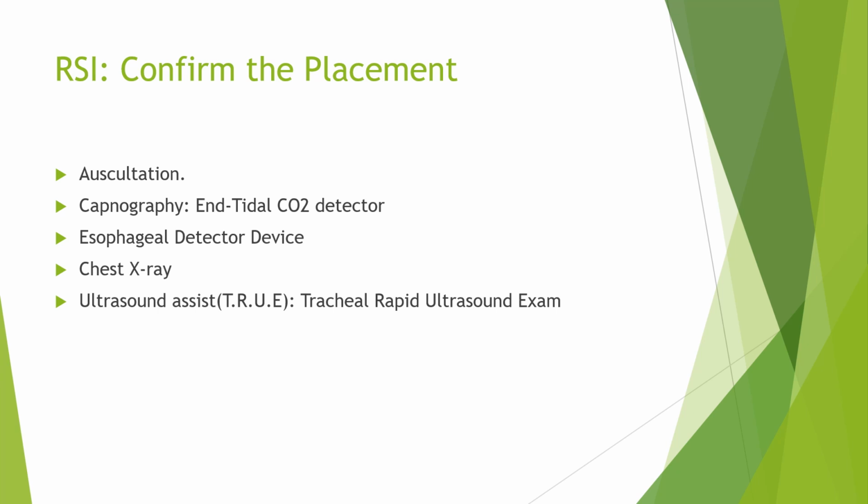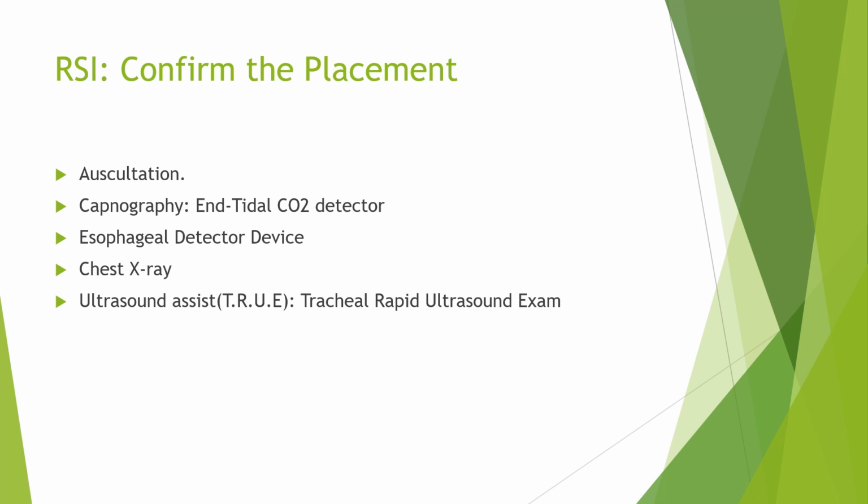It means that we will measure the carbon dioxide exhaled from the endotracheal tube. And if carbon dioxide is detected, then we can confirm that the endotracheal tube is put inside the trachea.